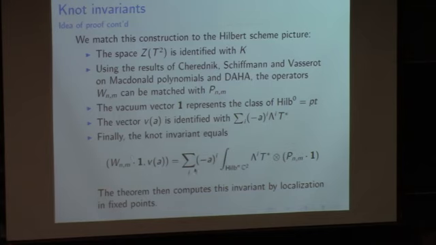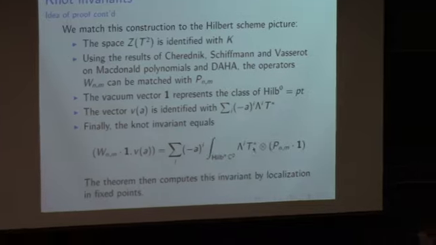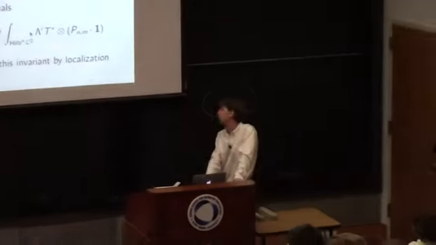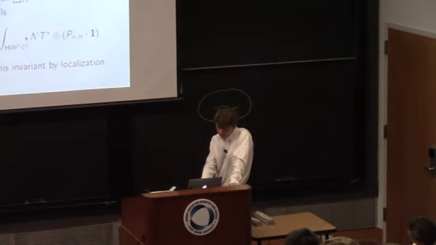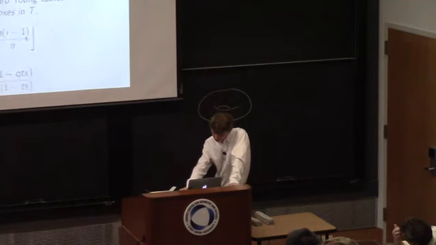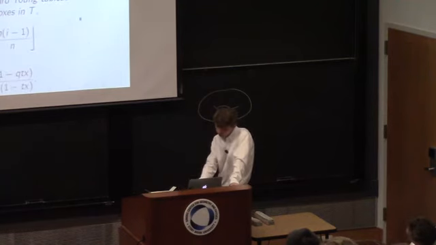Geometrically, we just compute the following equivariant integral, or equivariant characteristic. We take P_{m,n} applied to 1, we get some interesting sheaf on the Hilbert scheme of n points. Then we tensor it with an exterior power of the tautological bundle, and we take the equivariant characteristic of this whole thing. And the theorem that we had before is just a localization of that formula.